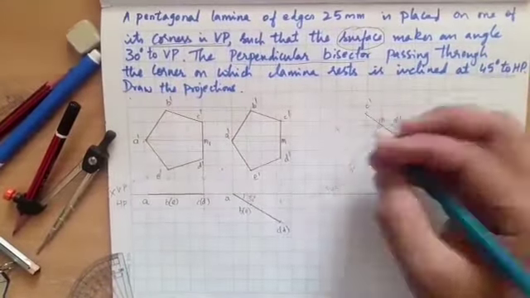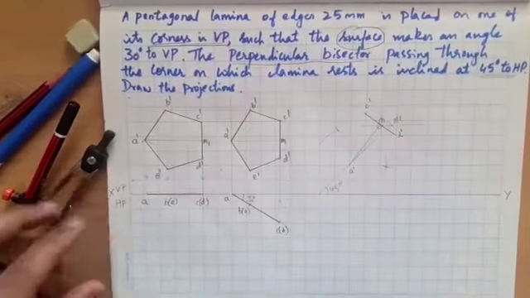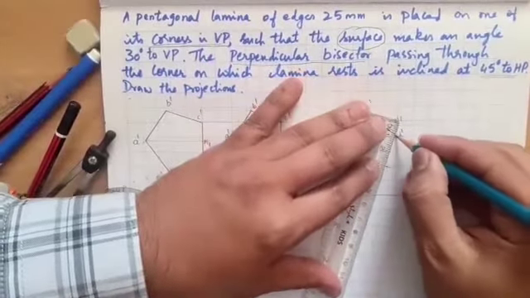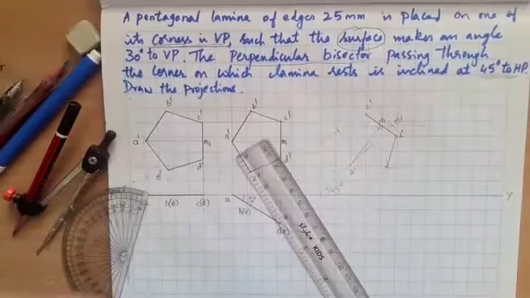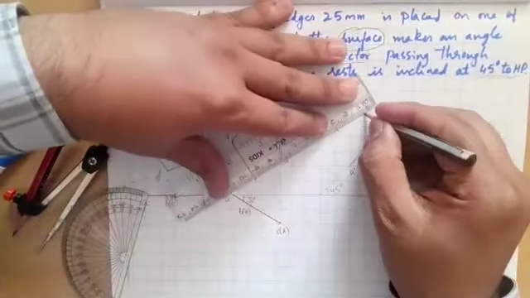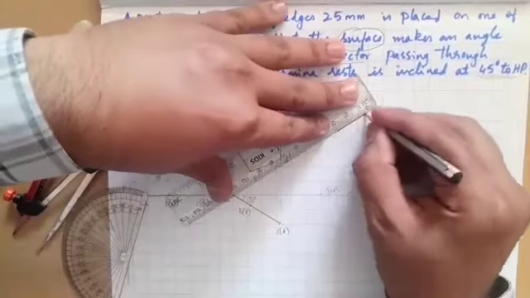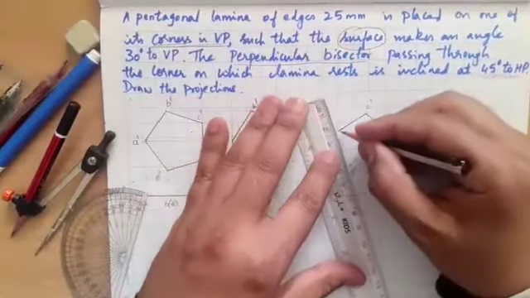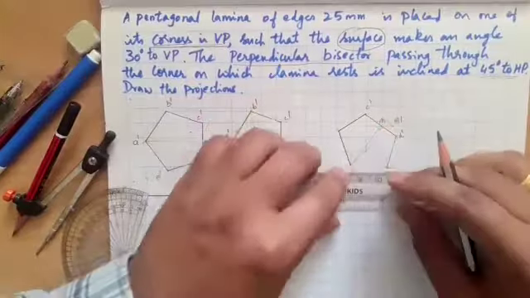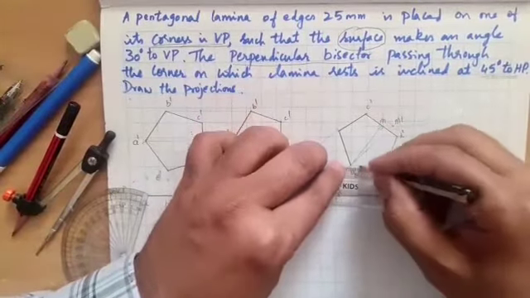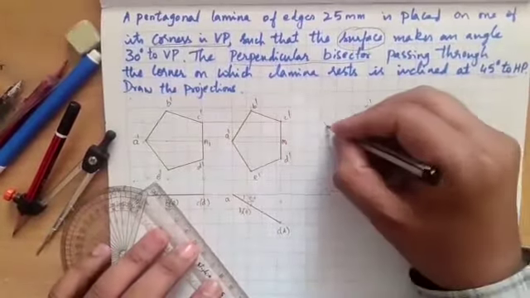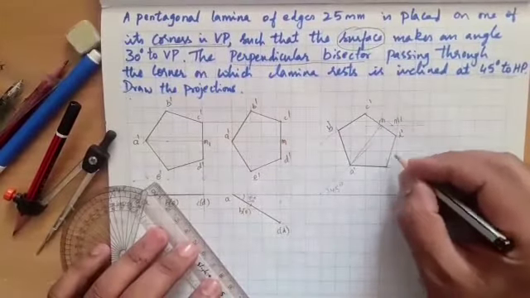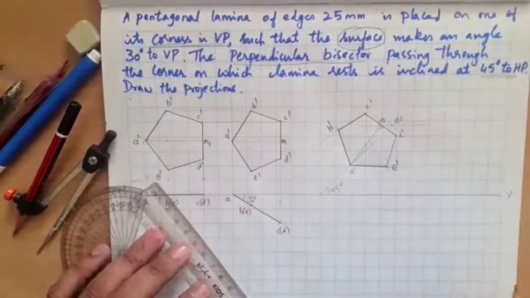So this location and this location, I'm going to draw. My new apparent shape of the pentagon: name it A dash, B dash, C dash, D dash, and this is E dash.